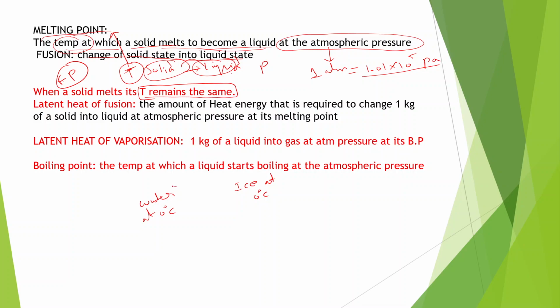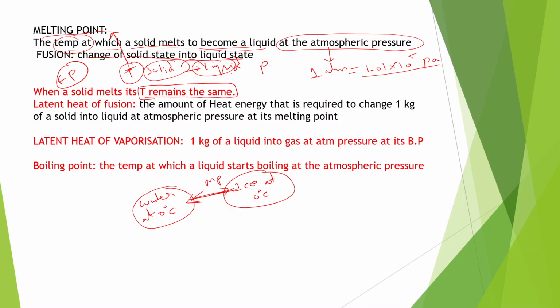When water is converting to ice at 0 degrees Celsius, the ice at 0 degrees Celsius is melting to water at 0 degrees Celsius. This is nothing but the melting point, at which a solid melts into liquid.